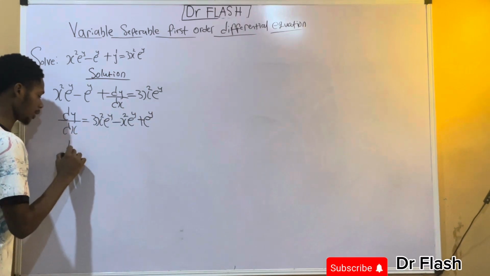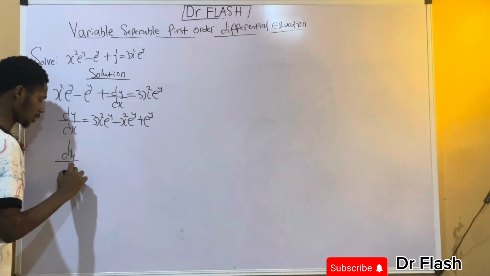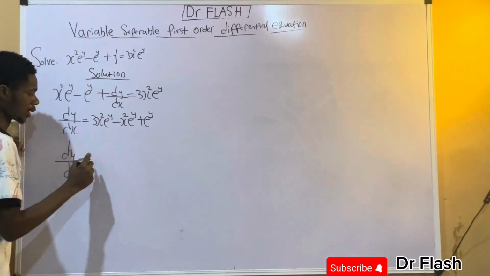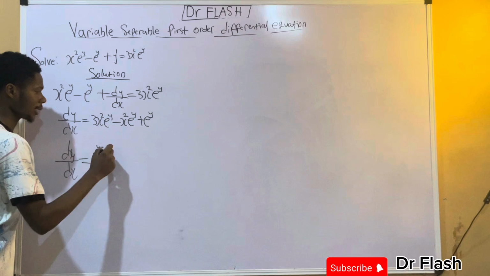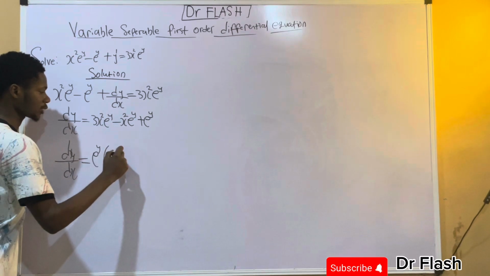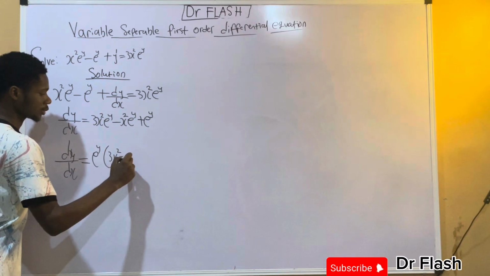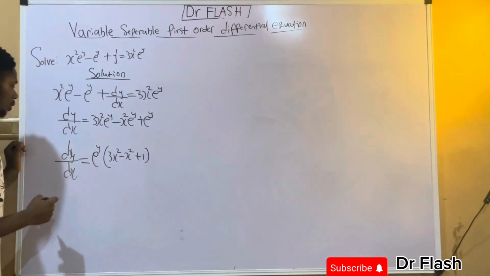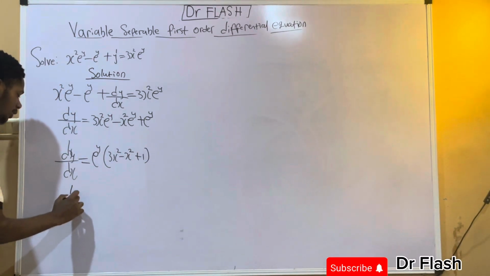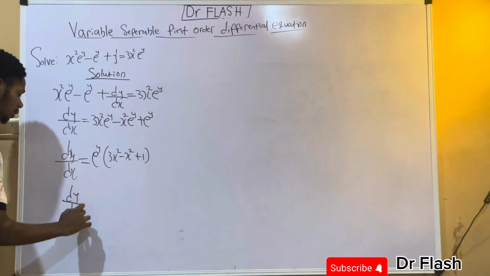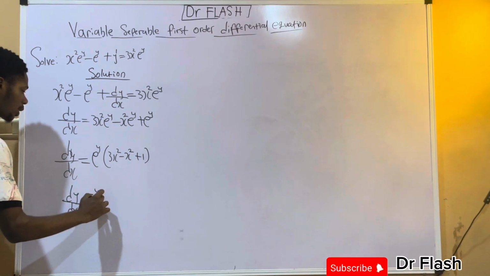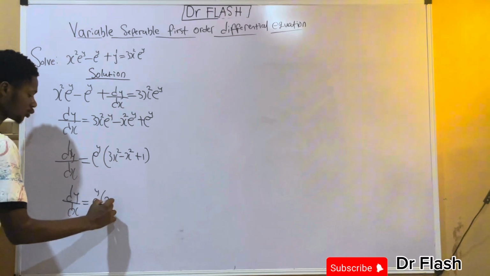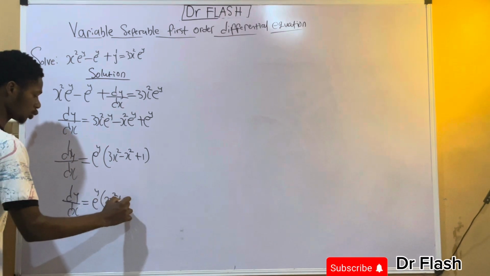We can factorize out exponential y, so we have dy over dx equals exponential y in brackets 3x squared minus x squared plus 1. And this simplifies to dy over dx equals exponential y in brackets 2x squared plus 1.